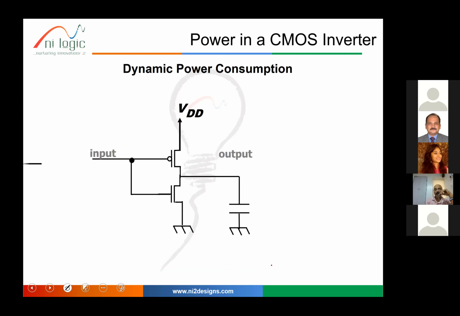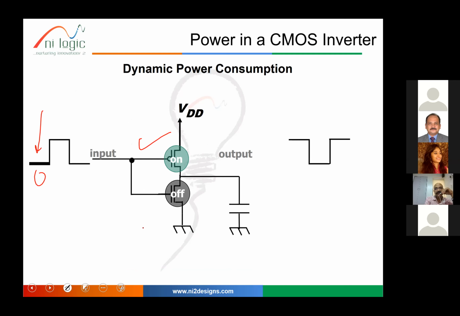Okay, now let's have a quick view of how the power consumption happens. If this is a CMOS circuit, what happens when you give a zero input? The PMOS is on and the NMOS is off. So VDD is charging this capacitor to a logic high value. You will get a logical high.